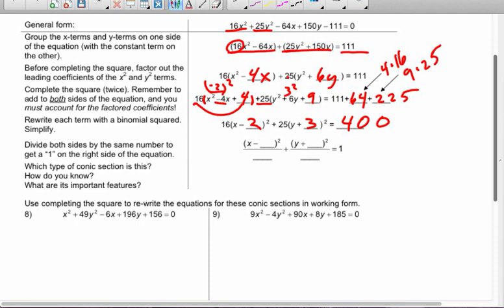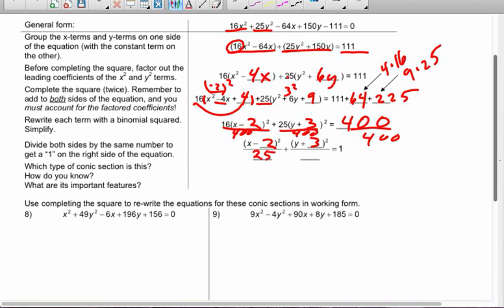So now what I'm going to do is divide. And we want this equal to 1. So I'm going to divide everything by 400. And I mean everything here by 400. And then I reduce my fraction. So I'm going to have x minus 2 squared, y plus 3 squared, and 16 over 400 reduces to 25.